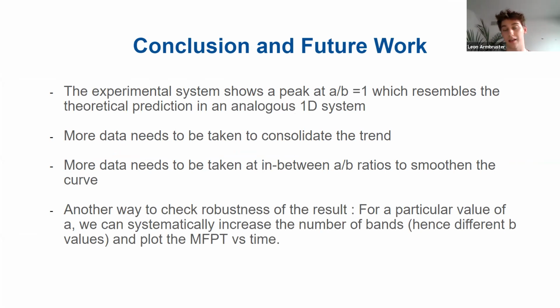We want to take data at different ratios of A to B. And lastly, in the picture earlier, you saw that for now we have 4 bands of A and 5 bands of B. We want to vary that number in order to see if our system still behaves the same way or is different. And this is an ongoing experiment, so this is what we have planned for now.